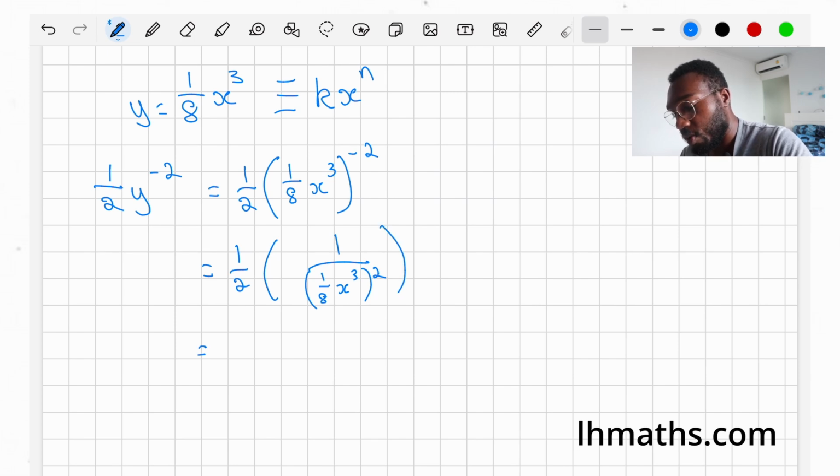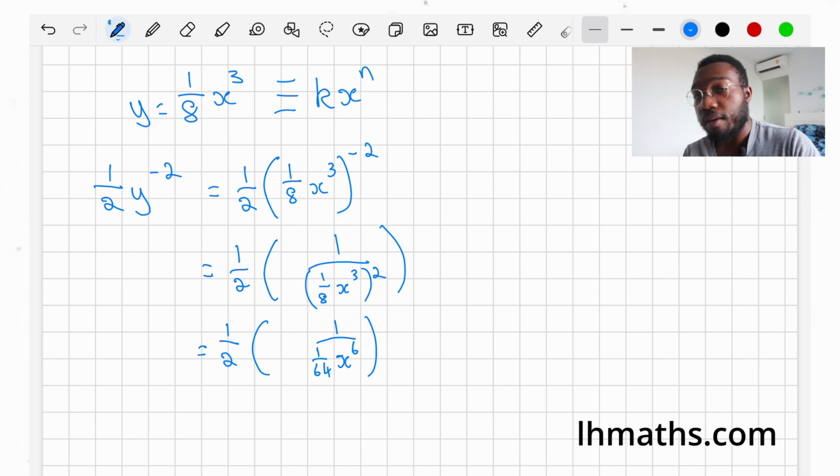The next part of that is we have a half. We have 1 over 8 squared. 1 over 8 squared would be 1 over 8 times 1 over 8, so that's 1 over 64. x to the power of 3 squared would be x to the positive 6, okay? And now we're at this stage, so we've got a half times by 1 over 64 x to the 6.